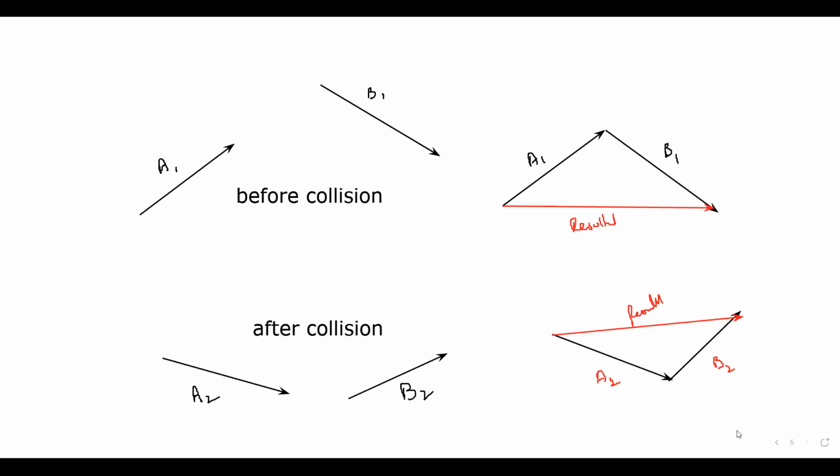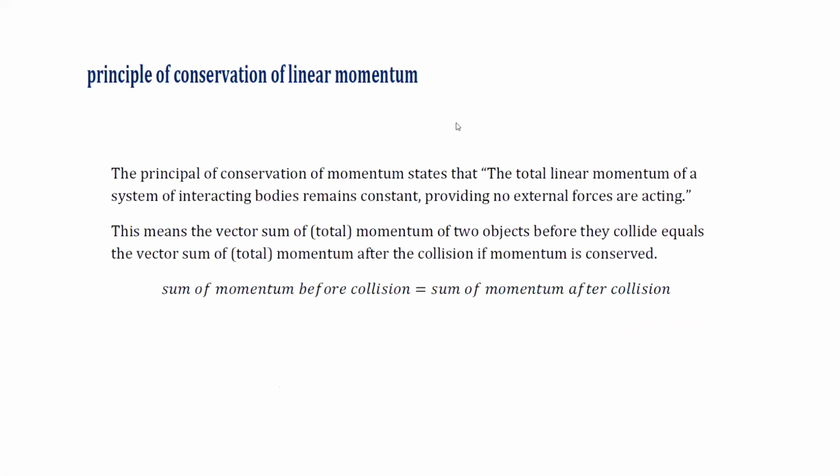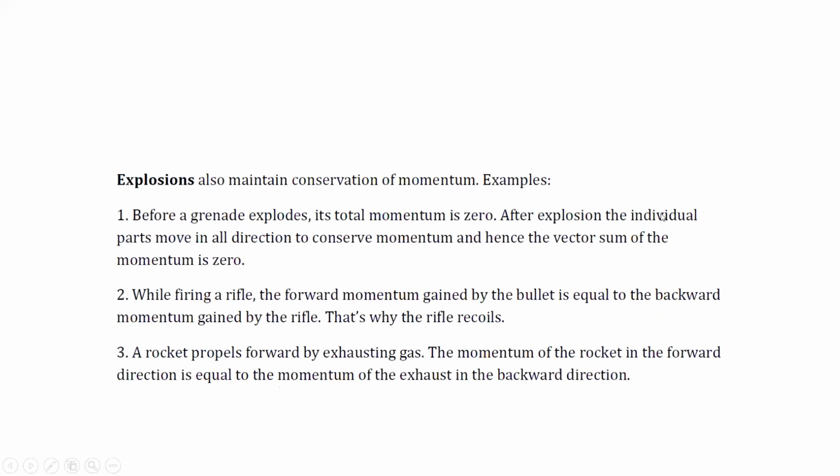In the same way, explosions, and even when a bullet is fired from a gun, all follow the conservation of momentum. For example, if a grenade explodes, what is the initial momentum of the grenade?